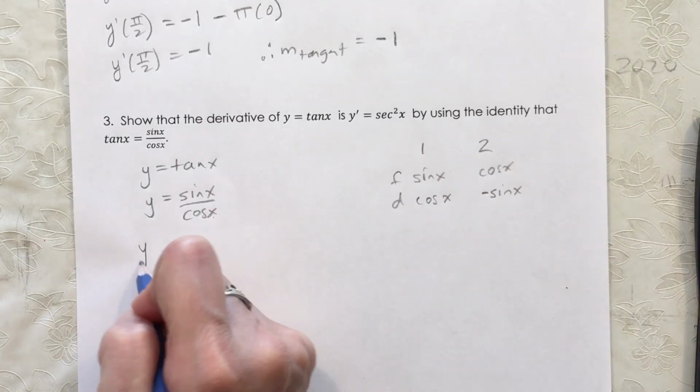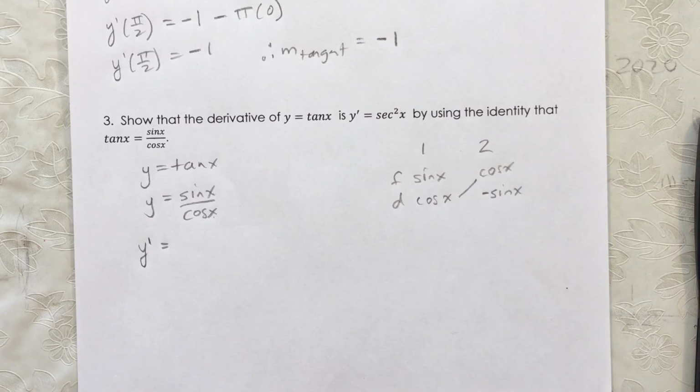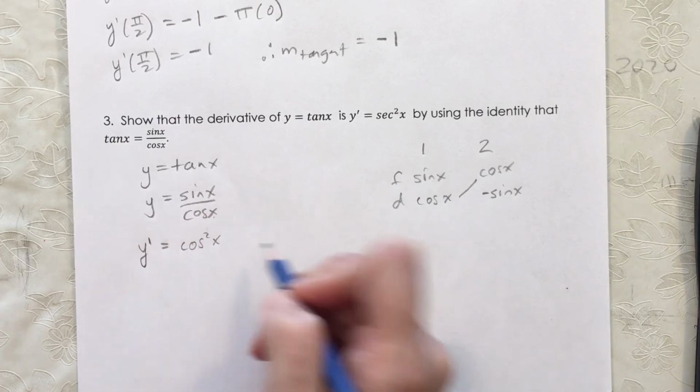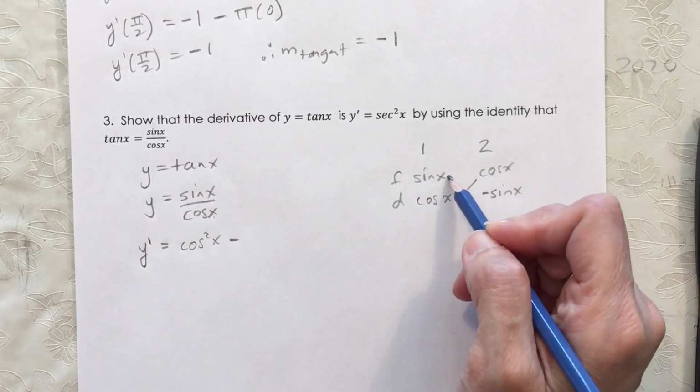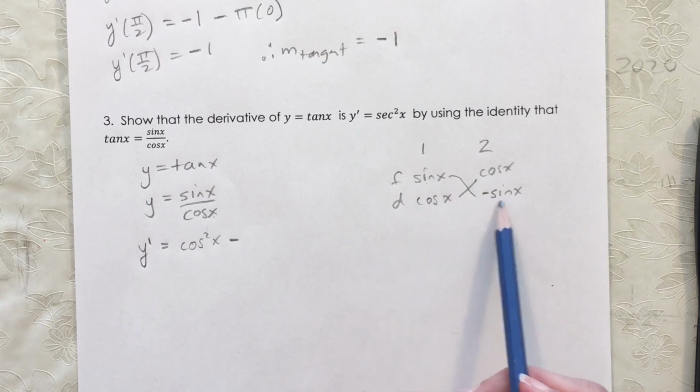And it's the quotient rule, so the y prime is going to be derivative of the first times the second. So that's cos x times cos x, which we can write as cos squared x, minus the first times the derivative of the second. So that's going to be sine x times negative sine x, which is negative sine squared x.